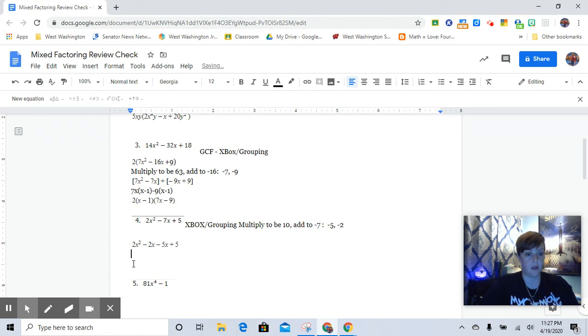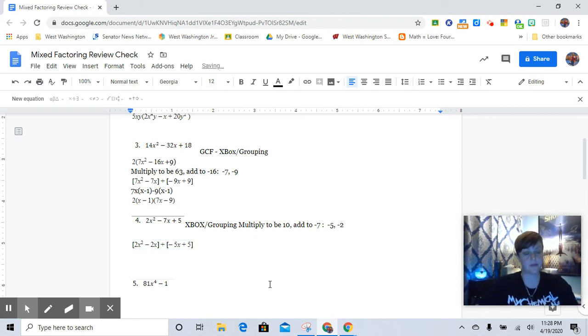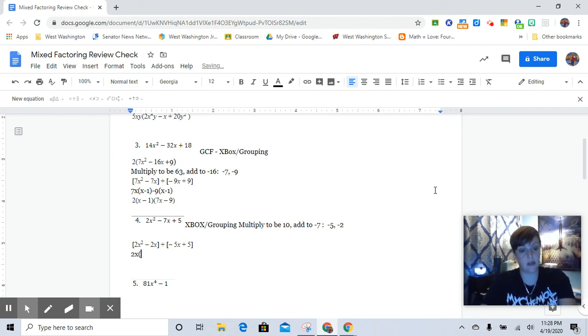Okay. So that does look almost exactly like this right here, except instead of 7s and 9s, it's 2s and 5s. All of the signs are the same and everything. So we're going to group this again, and we're going to put our plus sign and group the other half. And then we're going to see that out of that first set, 2x is the greatest common factor, and we get x minus 1.